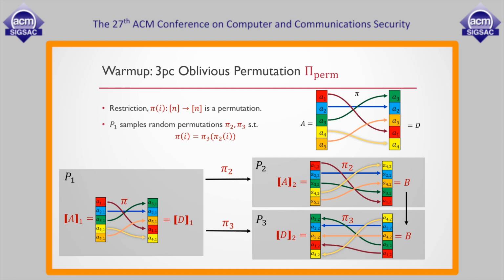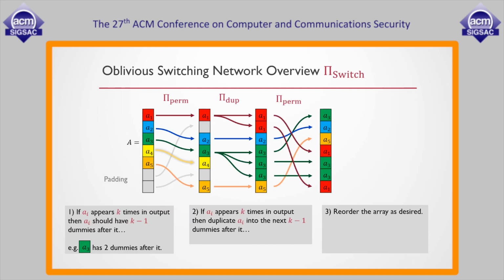In general, one item can appear in more than one spot in the output, but permutations don't allow this, and each input item appears exactly once in the output. You can get a permutation protocol in the honest majority setting by simply secret sharing this permutation in some way, in a functional way, and then having each party apply a part of the permutation.